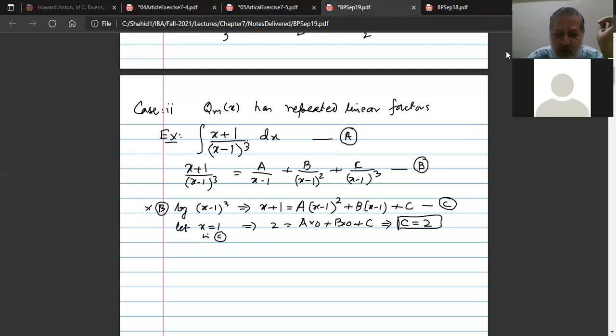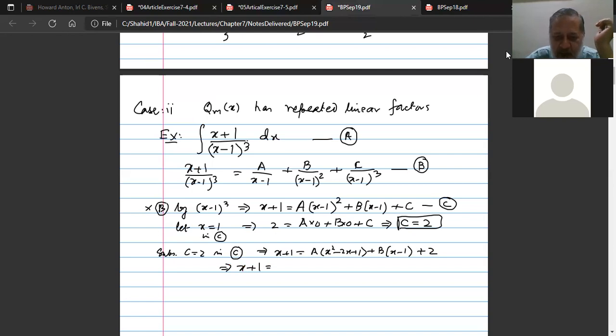For this reason, what we do here in the process of partial fraction, we substitute c is equal to 2 in the equation and simplify. x plus 1 is equal to a times, इसको खोल डालें, x square minus 2x plus 1, plus b times x minus 1 plus 2, and that makes it x plus 1.